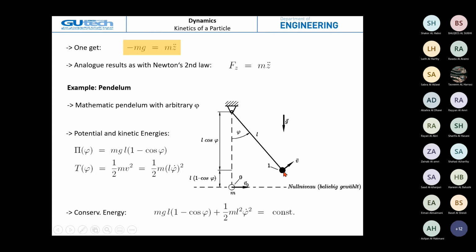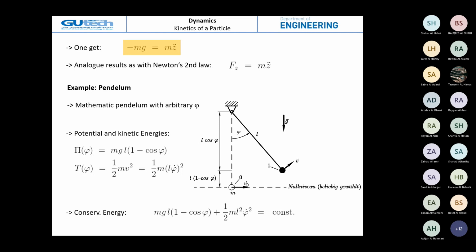And if we take the distance to the zero level, the covered distance is only L multiplied by 1 minus cosine phi.